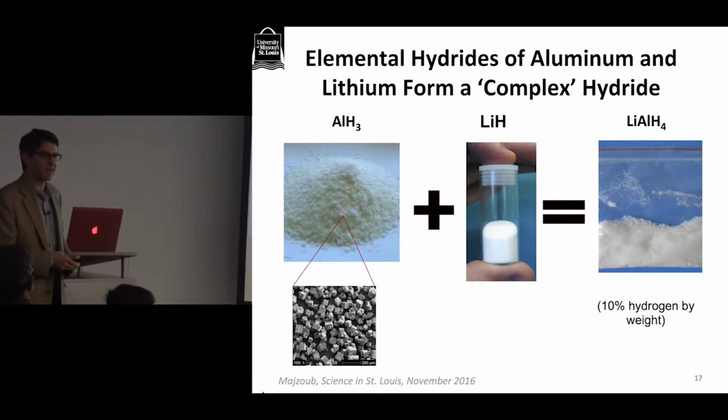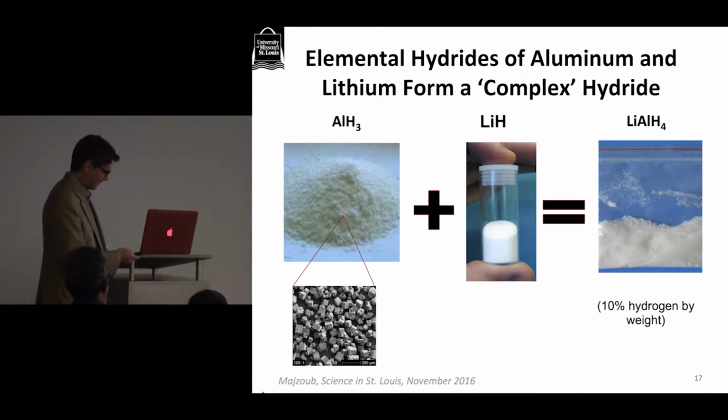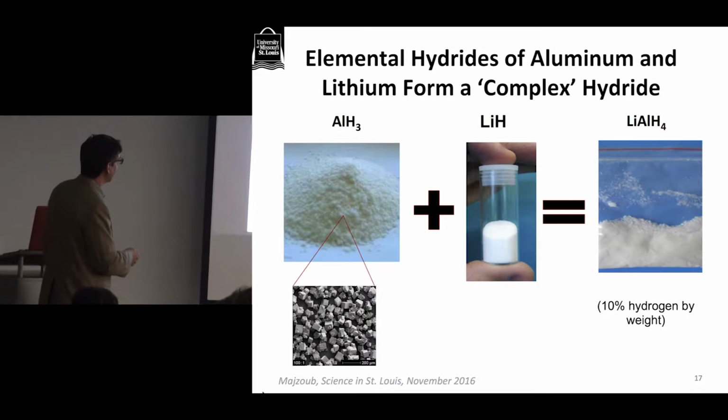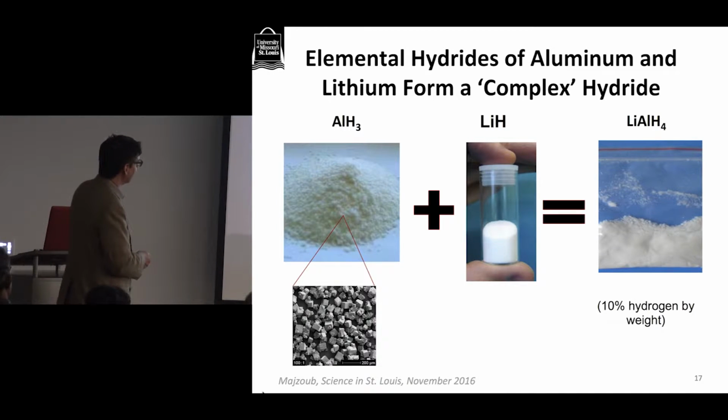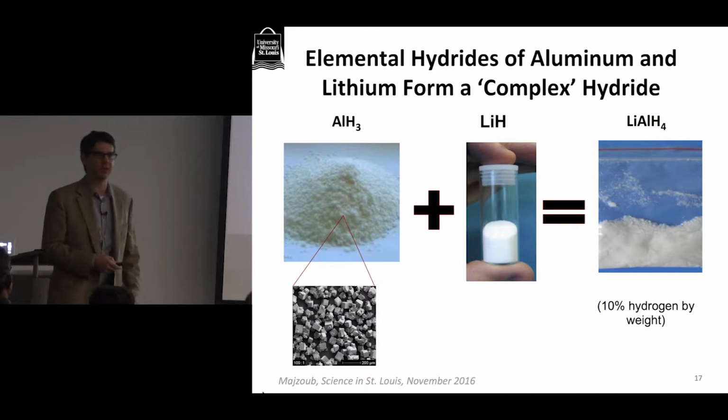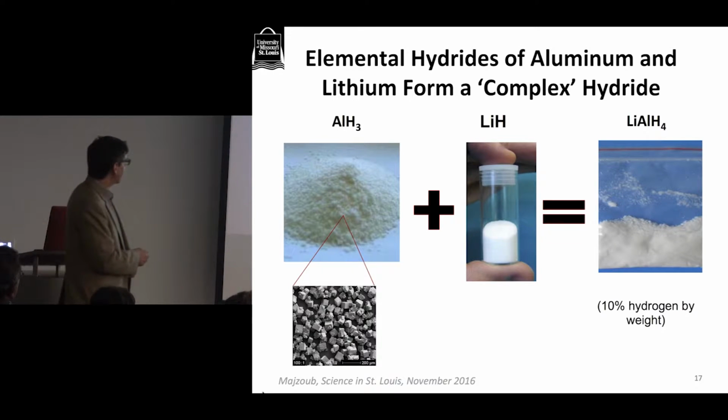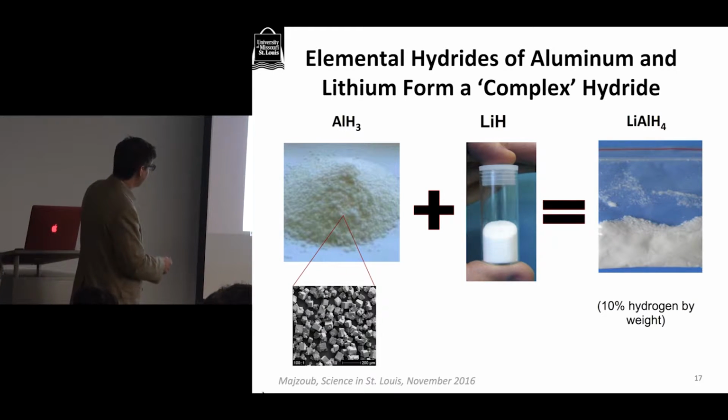Okay, we can take some of these elemental hydrides, and I'll give you 2 examples, aluminum hydride and lithium hydride, and we can react them to form what are called complex hydrides. Aluminum hydride looks basically like table salt if you looked at it close up, and so does lithium hydride. We can simply react these materials and form another compound called lithium aluminum hydride.